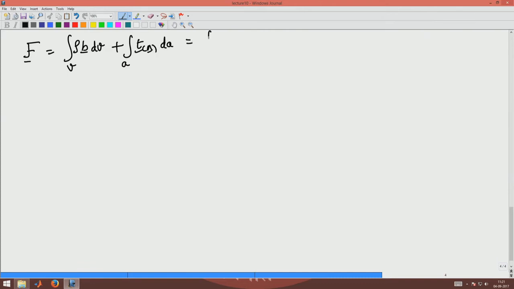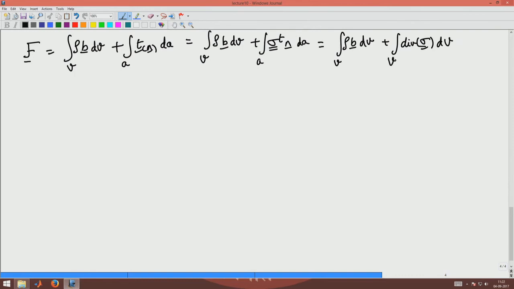This can be written as integral over V of rho b dV plus integral of sigma transpose n dA, which, using the divergence theorem, can be written as plus integral over V of divergence of sigma dV. Okay.